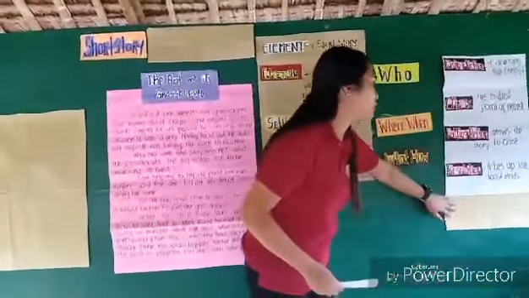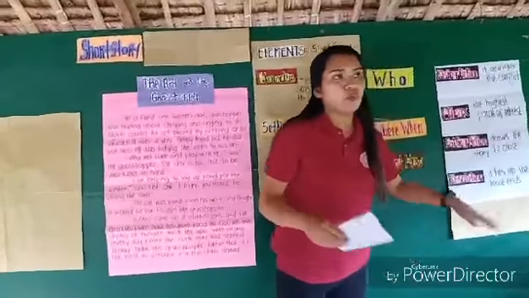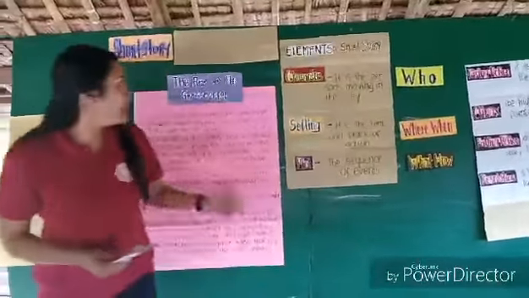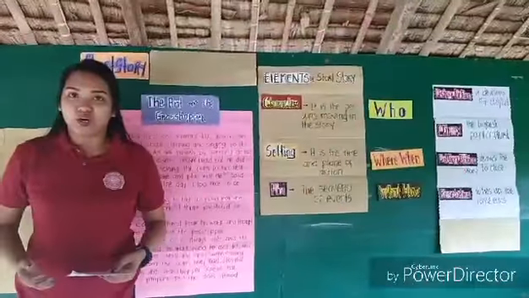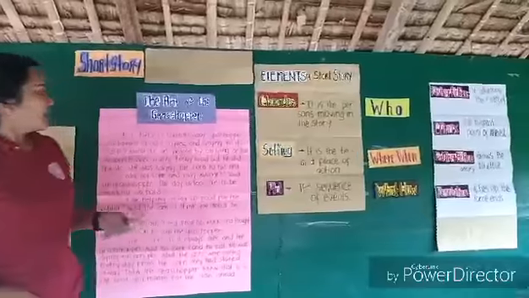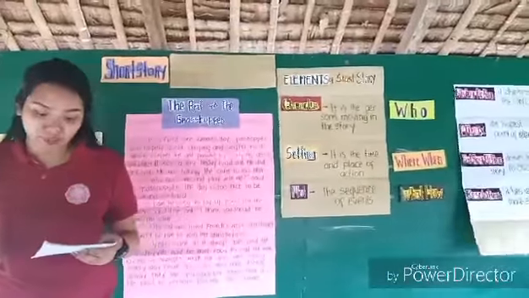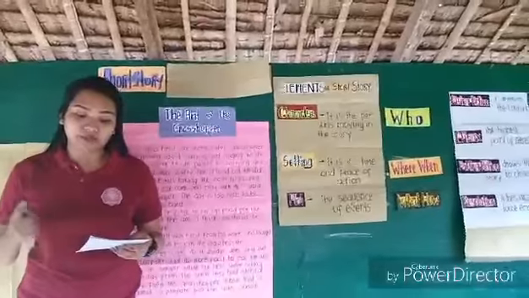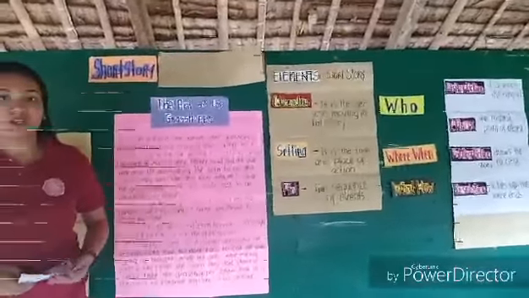When we say resolution, it ties up the loose ends. So what is the end of the story of the ant and the grasshopper? The end of the story is that the grasshopper realized the best thing to do is to prepare for the days ahead.